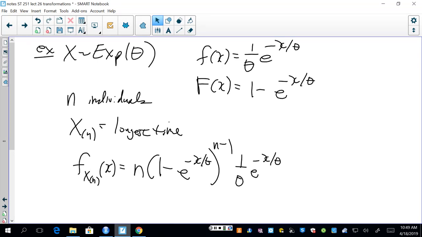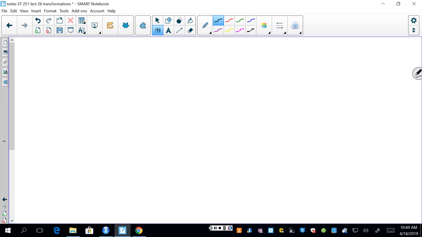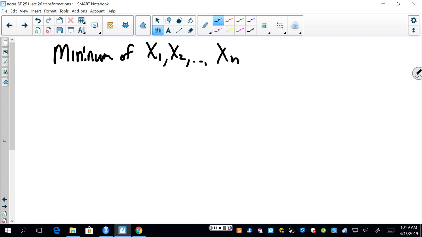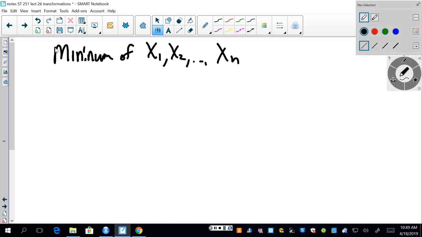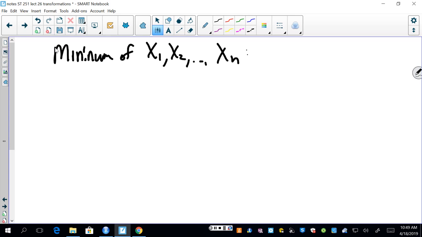How about the minimum one? Minimum of x1, x2, xn. That's the order statistic with the 1 here.